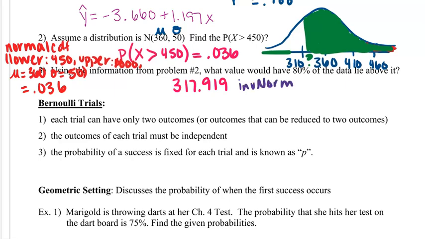Okay. A couple ways you could think about this. Some of you have nice calculators where you can do the left side, the right side, all that, and you don't really have to worry about how your curve is set up. My calculator, I always have to pretend that the left side is the side we're focusing on. So if I know that there's 80% here, I know that means there is 20% left right there. So when I go to do inverse norm, that is going to be my area.